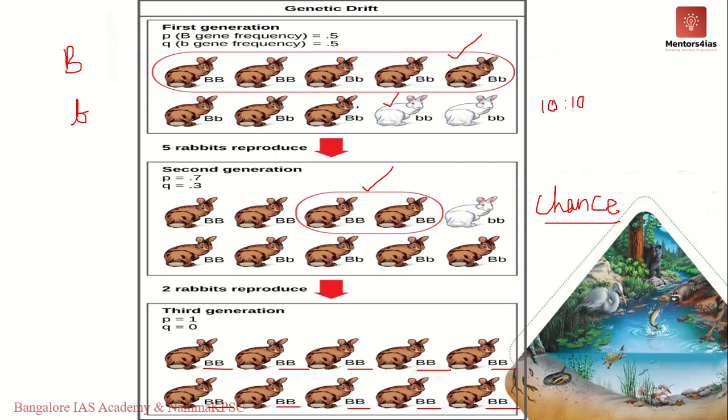Now, do you think from that 5 lakh rabbits, in the next two generations, we'll only end up with 2 rabbits? It is very unlikely. Chance does not dictate a particular result, but it is very unlikely. That is the reason, if the population is very high, it is not possible that we'll only end up with brown rabbits in the next two generations.